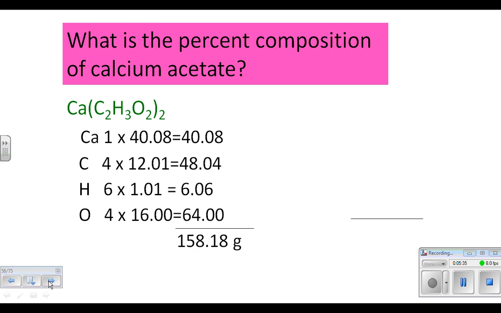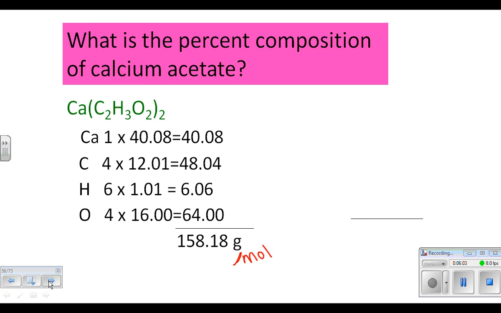Now the next thing, I have to find the individual percentages for each of these. If that's the case, then I have to take the part divided by the whole and multiply by 100. So I would take each of these values, the 40.08, and divide it by 158.18 grams. And this should actually be grams per mole. Sorry, I like to have it that way.